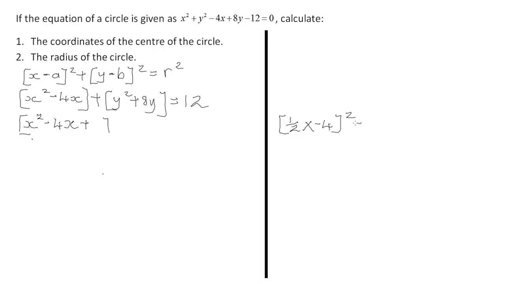If you work this out, you will see that's going to be minus 2 squared, which gives you 4. So in other words, we're going to add 4 there. We do exactly the same with y, a half times the coefficient of y squared, and that equals 16. So you're going to add a 16.